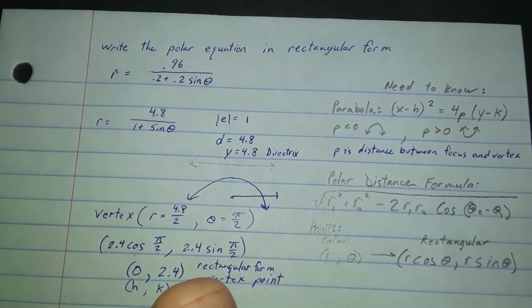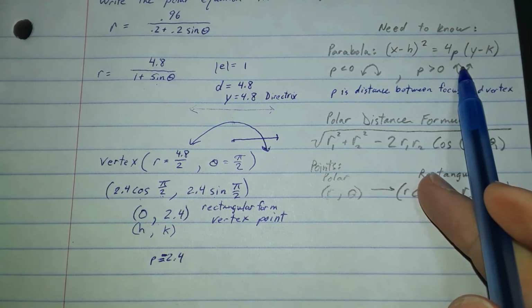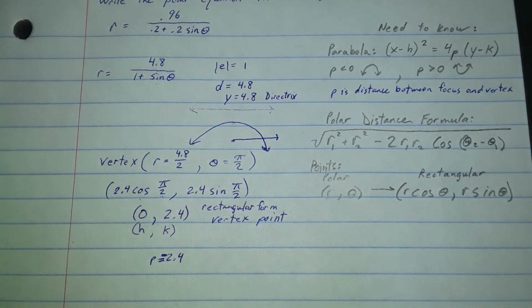When we write this out, we need to have a negative p-value, so that when we plug it into this formula over here, we actually get the correct formula in rectangular form. Once you can get past that idea, we are almost done here.